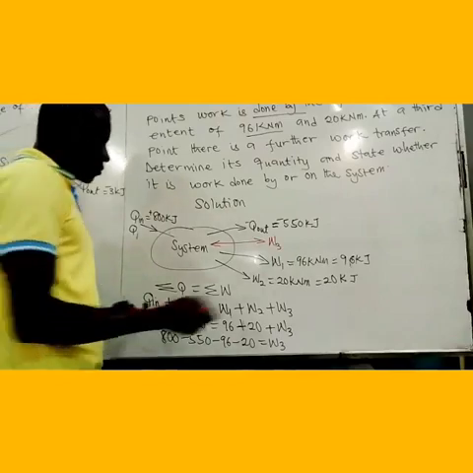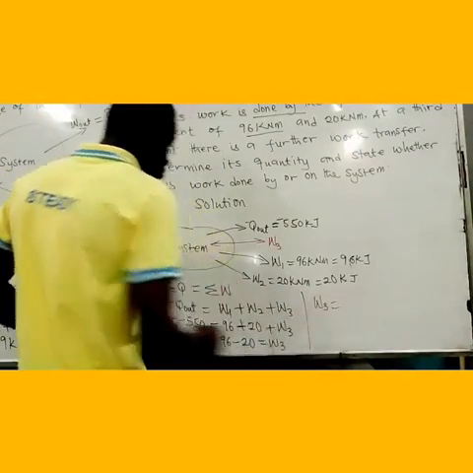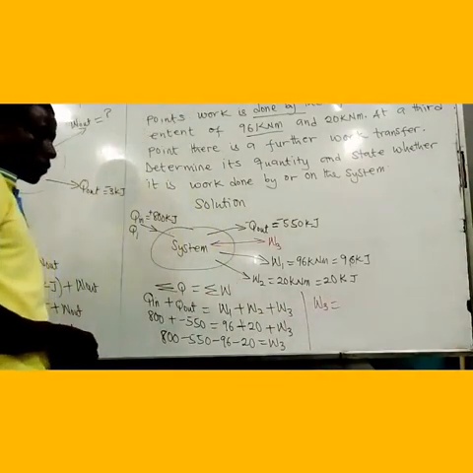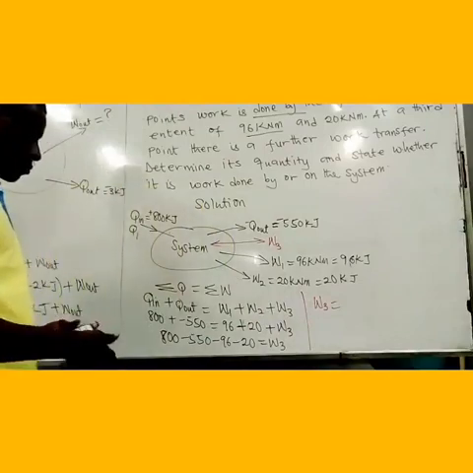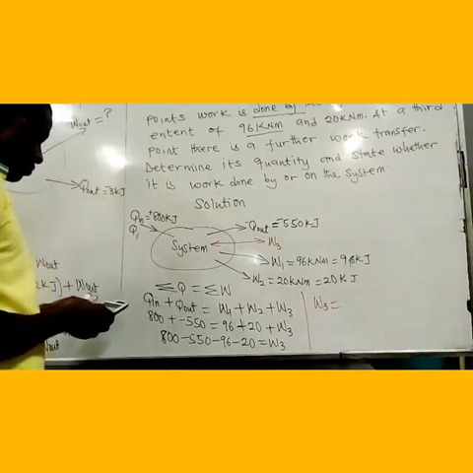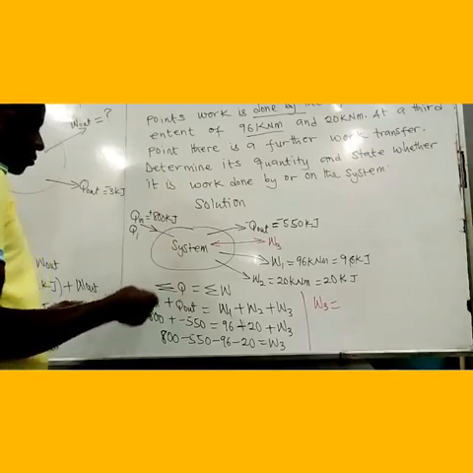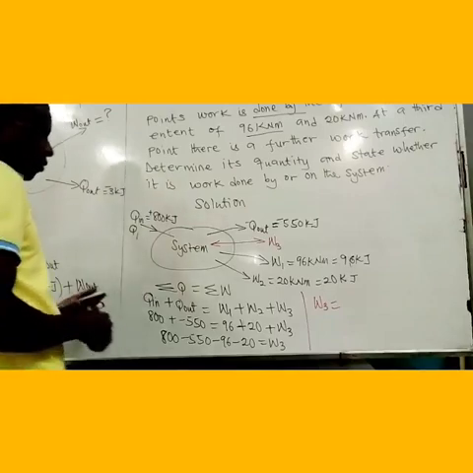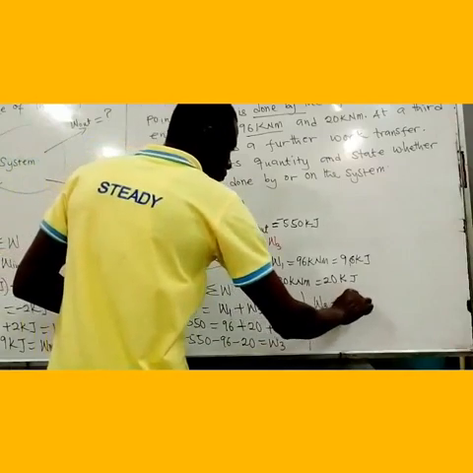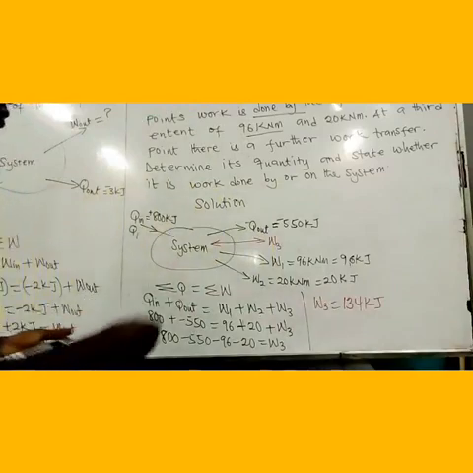So finally, you get W3 to be equal to 800 minus 550 minus 96 minus 20, we have 134 kilojoules.